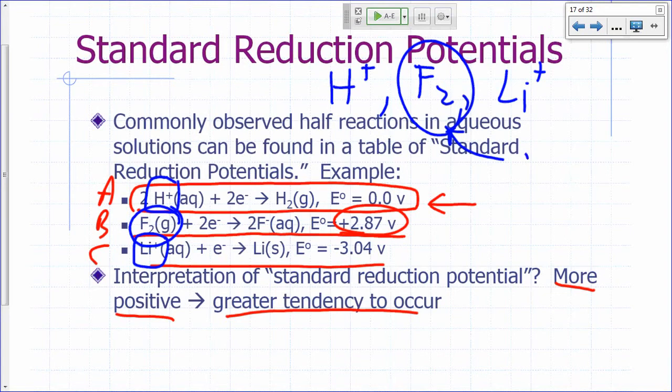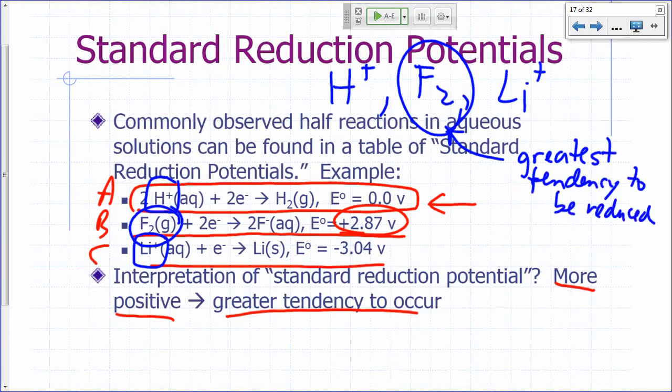So we say greatest tendency to be reduced, and we can relate that to the electronegativity. Fluorine likes to accept electrons, right? It's the most electronegative. Gaining of electrons is reduction. We can also say that it is the best oxidizing agent.